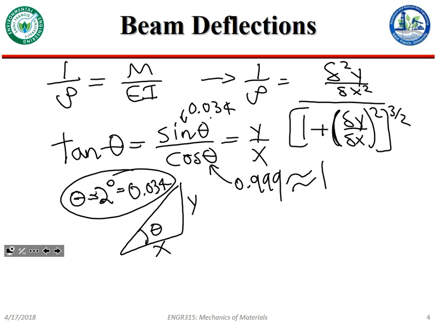So that means that the tangent of a small angle is just the angle divided by 1. All right? Cool. And because change in y over change in x is like a slope, that means that theta for small angles equals the derivative of whatever function you have, which in our case is the bending of, say, the neutral axis of a beam.